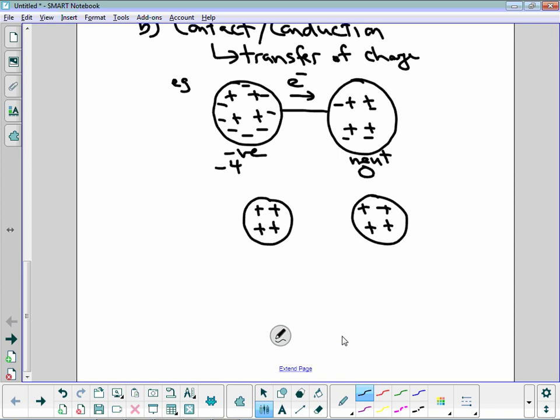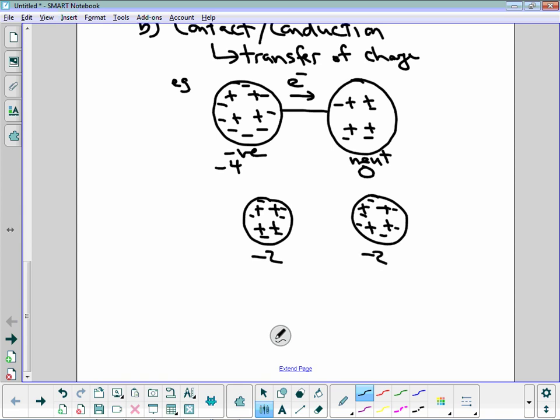Anybody have that figured out? Jess, what do you got? 6? Because what have I got in total? I got 8 and 4, which is 12, 6. I like that. 1, 2, 3, 4, 5, 6. 1, 2, 3, 4, 5, 6. Which means my charges become -2 and -2. Remember the other way we did that?